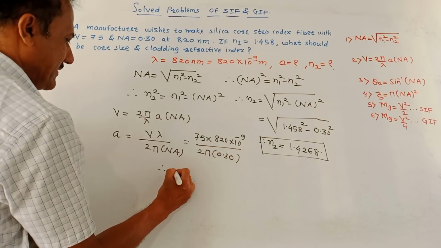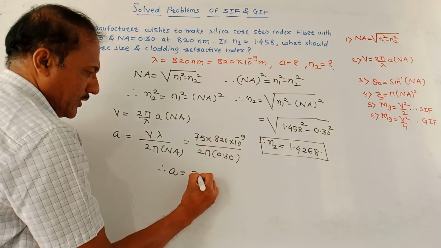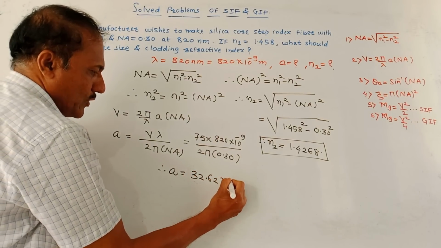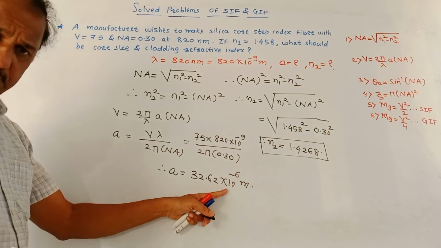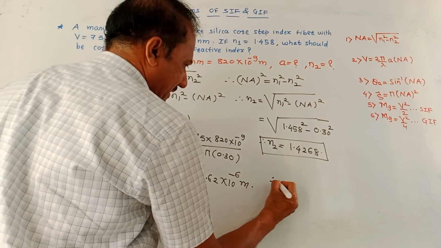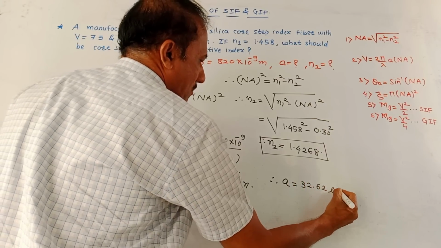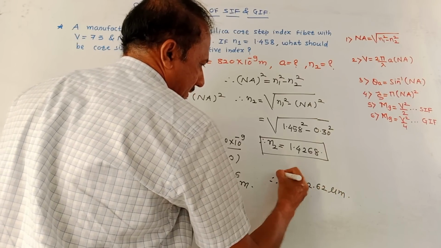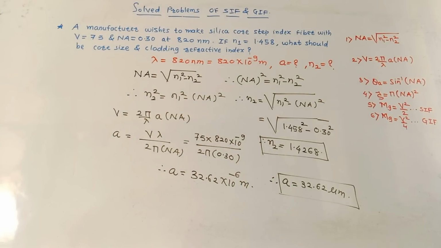So if you solve this, the answer for the core radius will be 32.62 into 10 raised to minus 6. Its unit is meters, but it is multiplied by 10 raised to minus 6. So I can write A is equal to 32.62 micrometers. So this is the answer for the core radius.